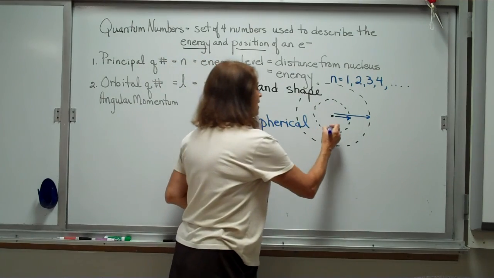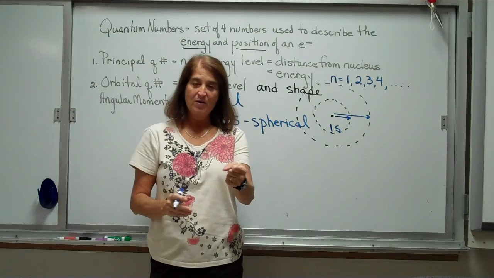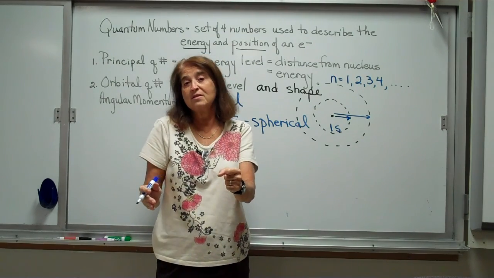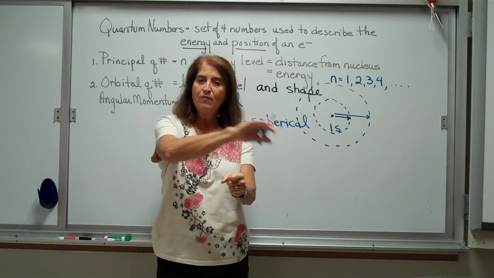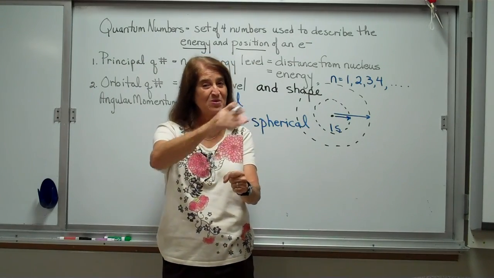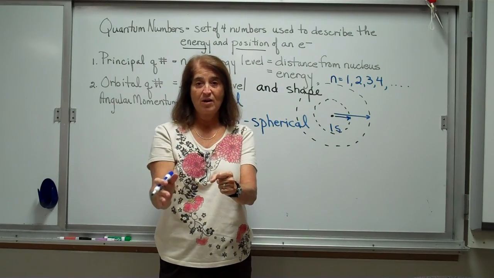And if we looked at our 1s sublevel, here's my nucleus, that electron would be found at a certain distance away from the nucleus. And if we're looking at this in three-dimensional space, this would not be a circle, this would be a sphere where you would find that electron.